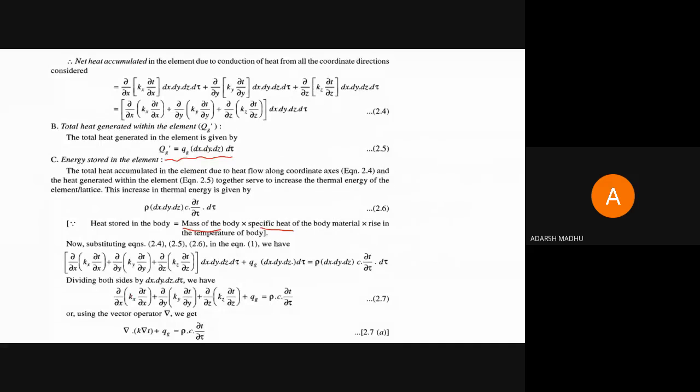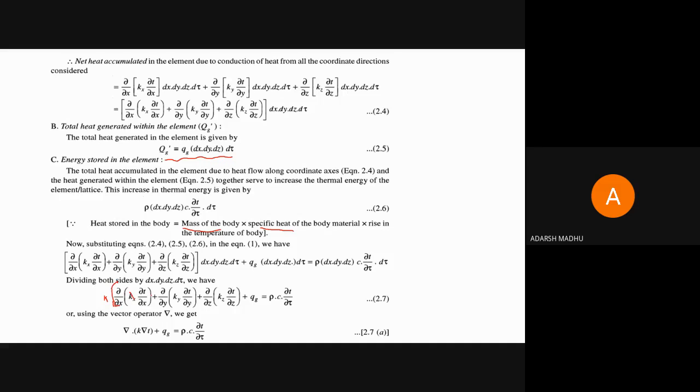What will happen when we take all the terms as k? There is a common term. K will become common in the three terms. Here it is different: kx, ky, kz. When we take it as k, the term k will be common, and we can take it outside and derive this equation.